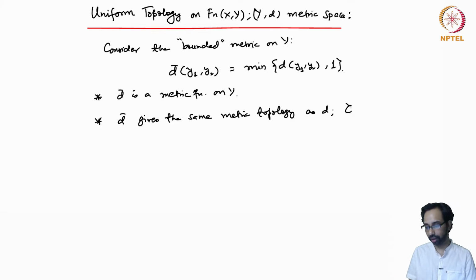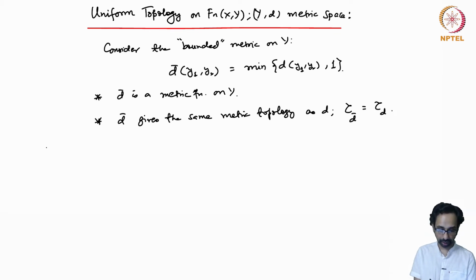So in the notation that we used before, tau d bar is equal to tau d. So this is the bounded metric corresponding to a given metric, which gives the same topology as the given metric.